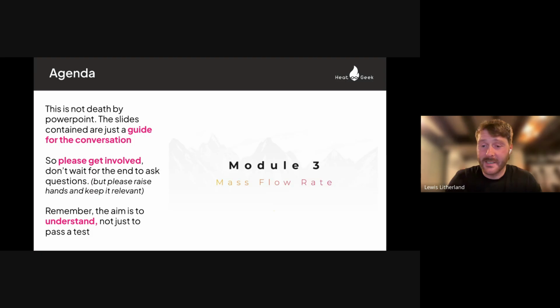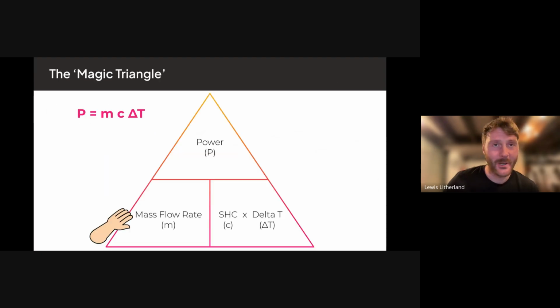So what I'm basically trying to say is I'm trying to teach you what your apprenticeship should have taught you in the 45 minutes we've got left. I'm coming from my own background, and it's something we need to pick up on as an industry. So it's mass flow rate. This is the module. You need to know this triangle.